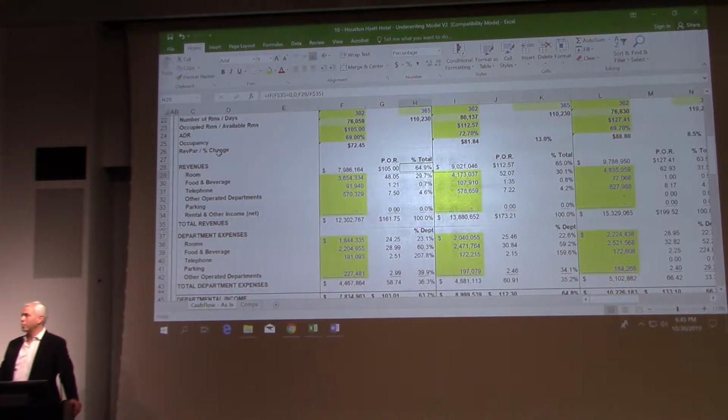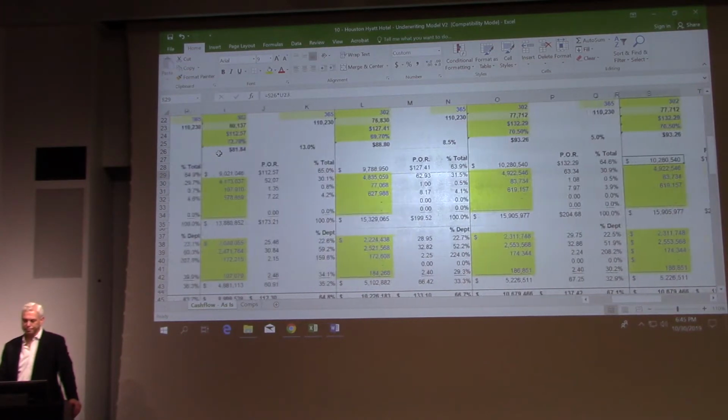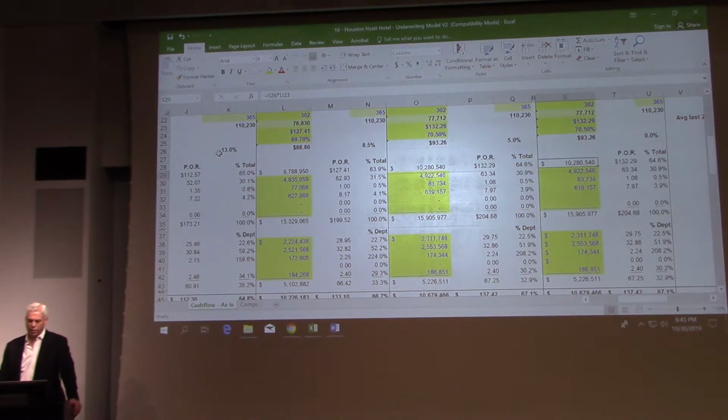Because there are some that will do that, where for the hotels it's the inverse, where the F&B is like 65% and the hotel rooms are like 35%. You notice it's roughly around 65%, and we underwrote in line with that.